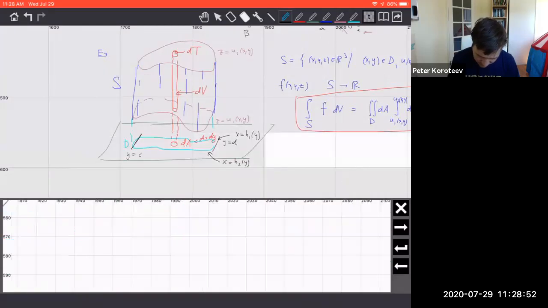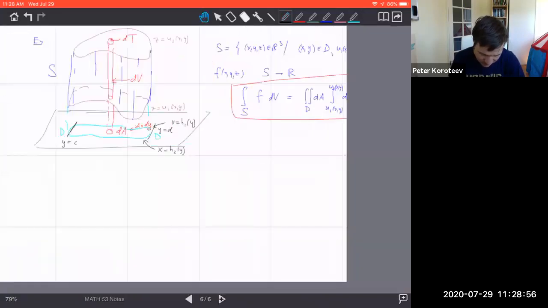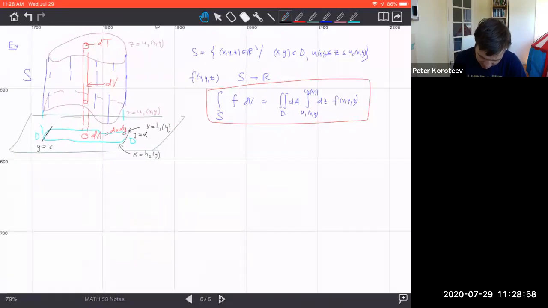So in other words, it may happen that we can write a more explicit formula. That already refers to taking a double integral, right?